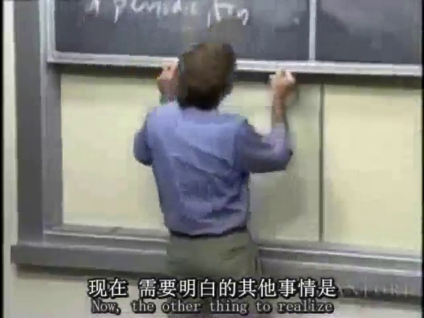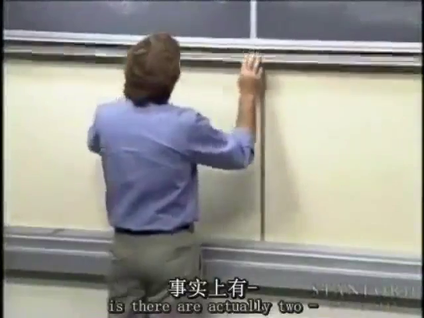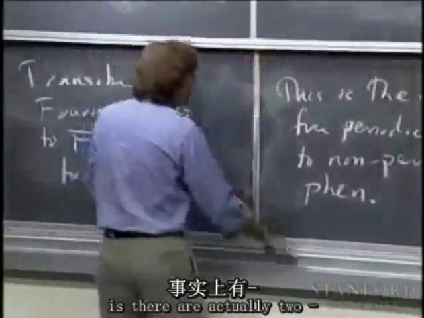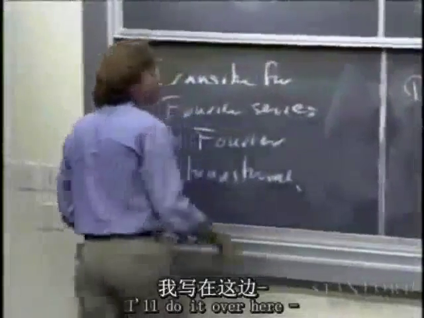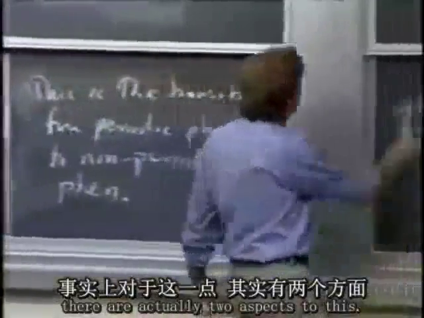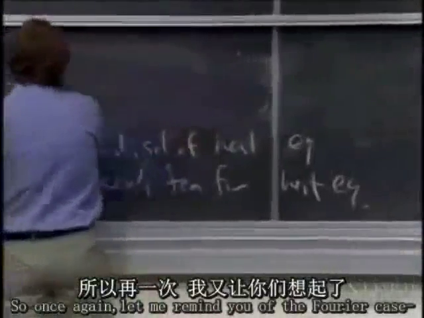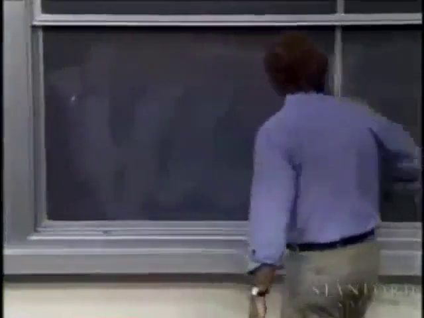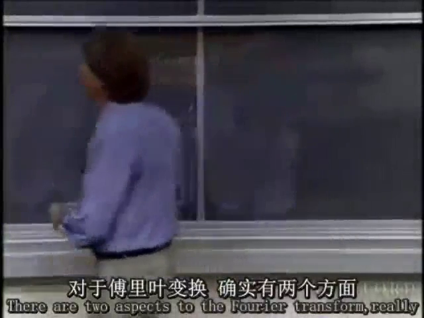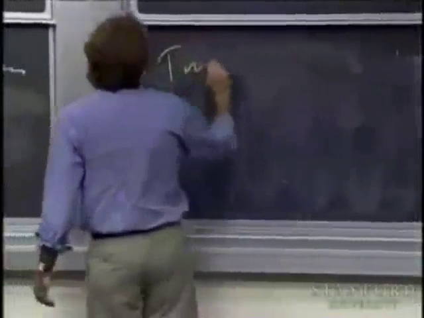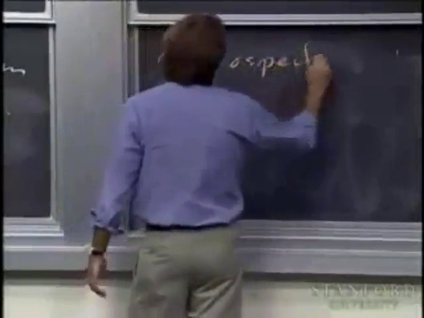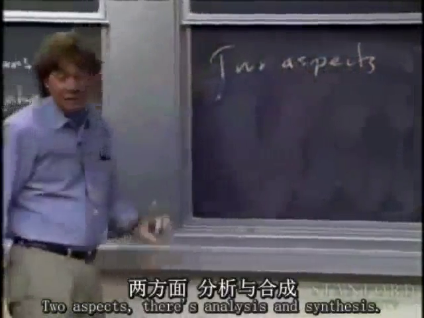Now, the other thing to realize is there are actually two aspects to this. Let me remind you of the Fourier series case. The two aspects of the Fourier transform, really, are analysis and synthesis.